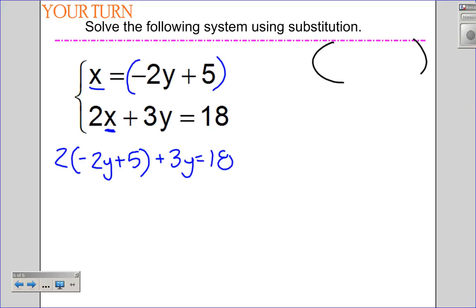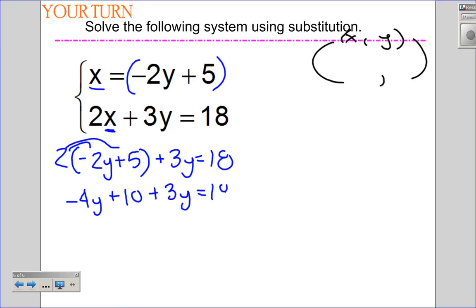Remember, my solution is always going to be x comma y, this x comma y value here. So I want to make sure that I'm solving for one of the variables. I have only one variable here, so I know I'm okay. I gotta do a little distributive property. Negative 4y plus 10 plus 3y equals 18.